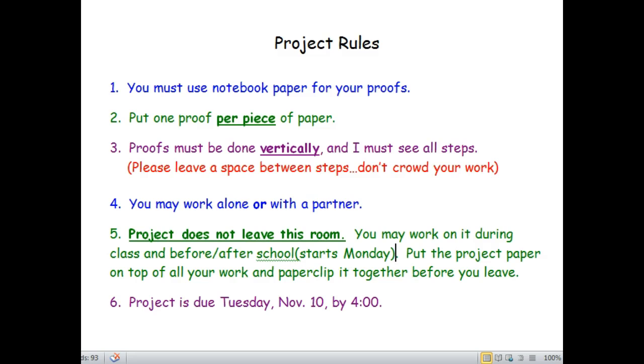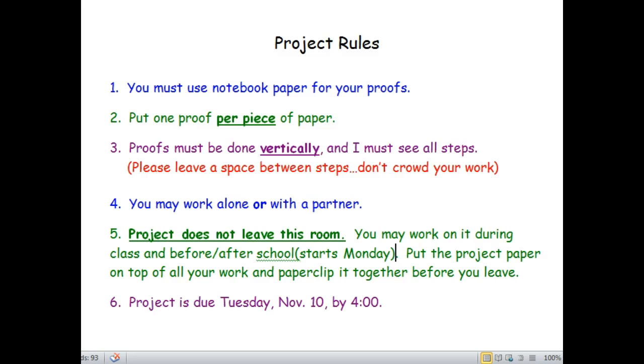Okay, you may work with a partner or by yourself. Okay, it is your choice. I believe we've already done most of the partners in the class. Okay, if you do not have a partner and you want one, I would be asking to see if anyone else does not have a partner, just to make sure.